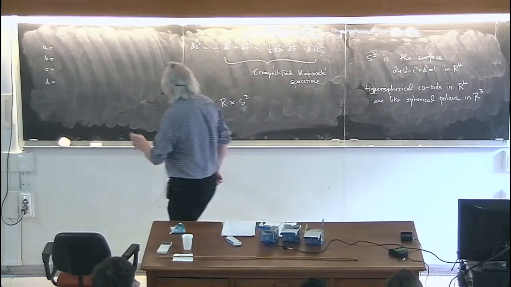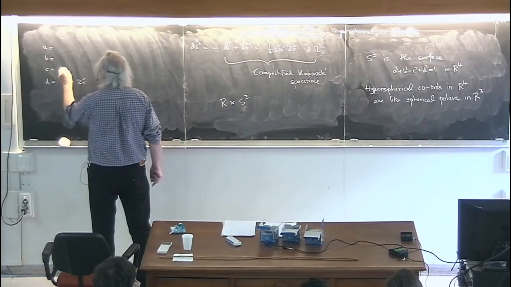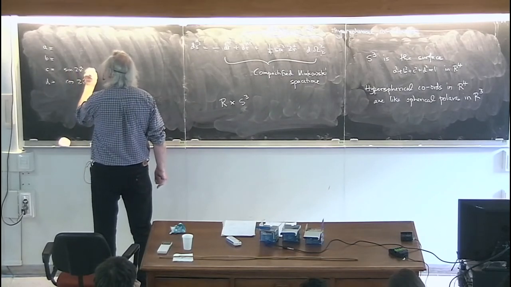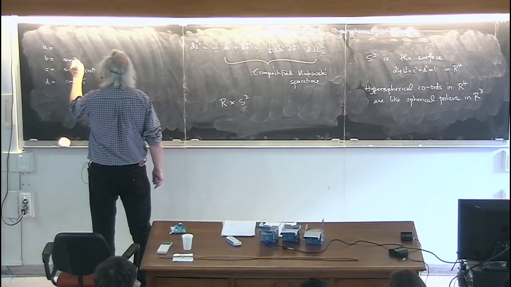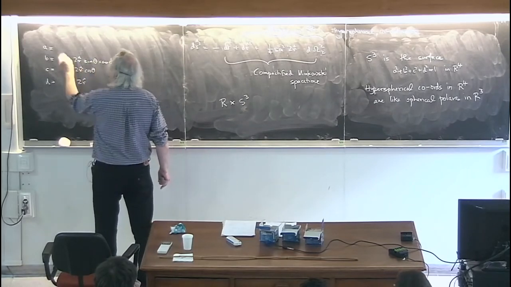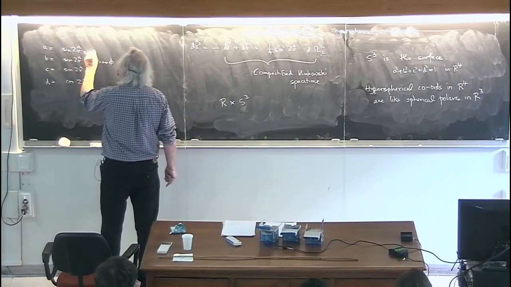So this thing would be cos 2r hat, sine 2r hat cos theta, sine 2r hat sine theta cos phi, sine 2r hat sine theta sine phi.